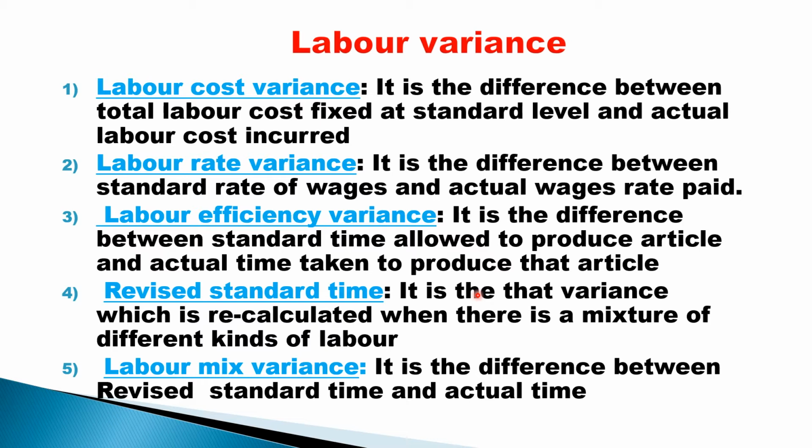So you need to pay salary, wages, and other expenditures like canteen expense, recreation expense, uniform expense, training expense, and so on. In order to keep the labor cost under control, we go for standard costing.